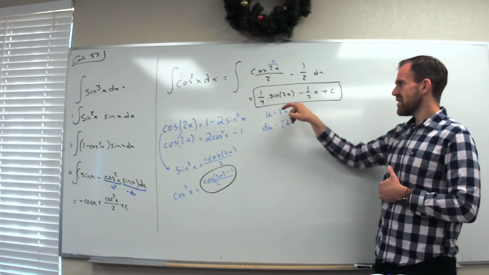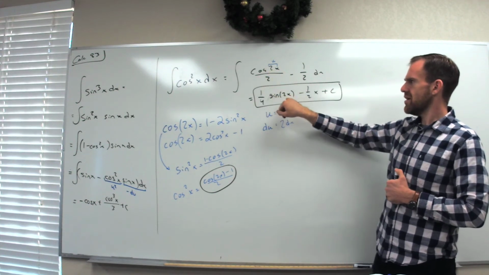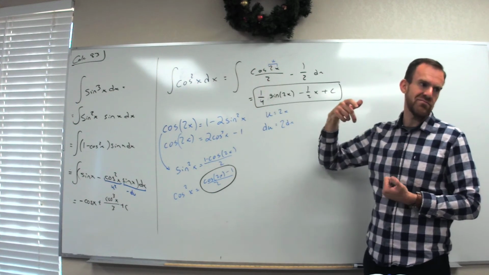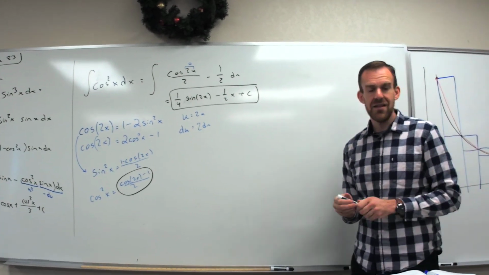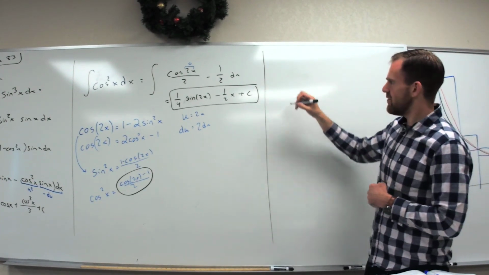Now, we can always check this. If I take the derivative of sine, I get cosine, and then I will have a 2 in front, so 2/4 is 1/2. Okay? But the real difficulty comes in at this point. What happens if we have a higher even power?